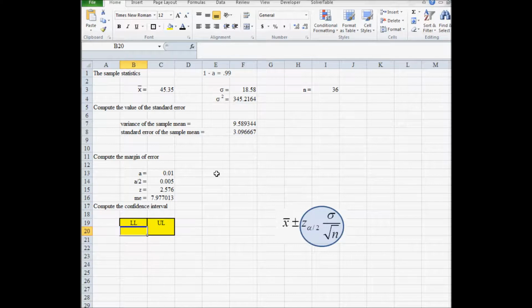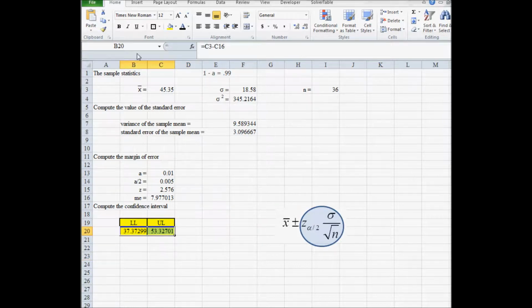So all I have to do here is take the sample mean and then subtract off the margin of error. So my lower limit is 37.37299. My upper limit is the sample mean plus the margin of error. So we're 99% confident the true population mean is between these two values.